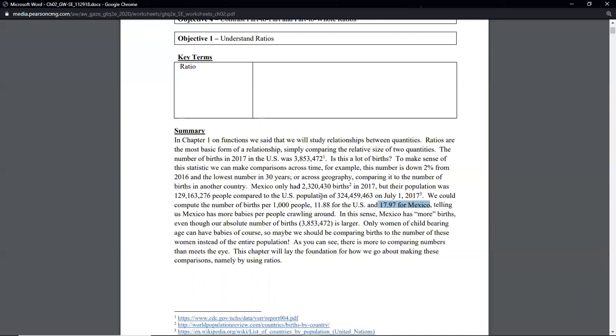So that says when you look at this birthing rate scaled to the population, Mexico is reproducing at a, I don't know that I want to say significantly faster rate, but definitely a faster rate. 12 versus 18. I mean, that's 50% faster than the US. I think that's significant, but maybe someone would disagree with me on that word choice, so that's why I'm being careful with my word choice.